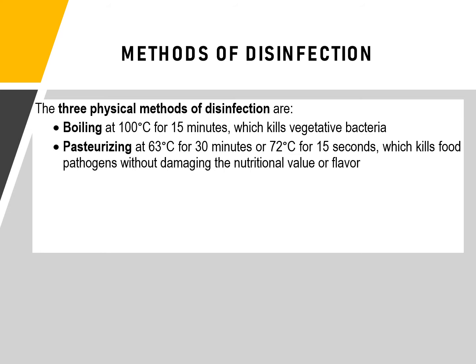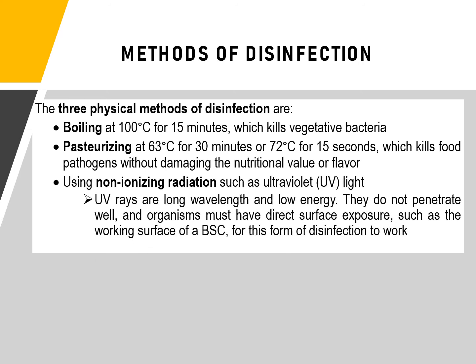For 63 degrees Celsius for 30 minutes, the temperature is quite low and it takes a longer time to perform the procedure as compared to the 72 degrees Celsius for 15 seconds, which is a high temperature but the time is shorter. So basically, there is an inverse relationship between temperature and time when performing pasteurization.